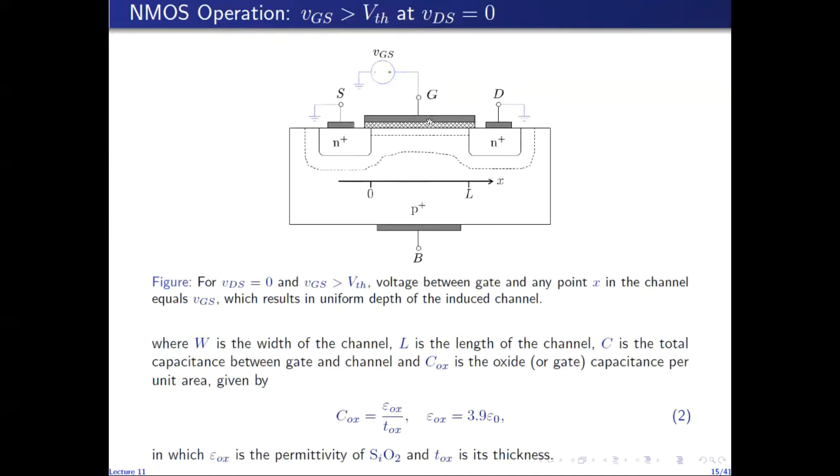The distance between these two plates equals the thickness of this oxide layer, which is denoted by Tox. So Cox is given by epsilon ox divided by Tox, where epsilon ox is the permittivity of silicon dioxide, which is equal to 3.9 times the permittivity of vacuum.